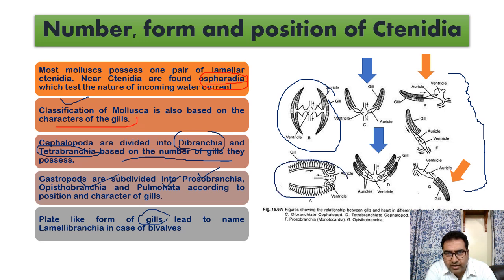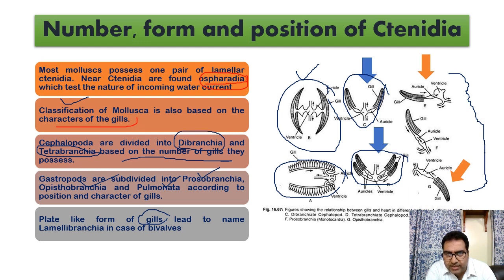These are the chitons, then the bivalvia, then the dibranchiata, meaning 2 gills, as in the case of cephalopods, and then the tetrabranchiata, also in cephalopods.